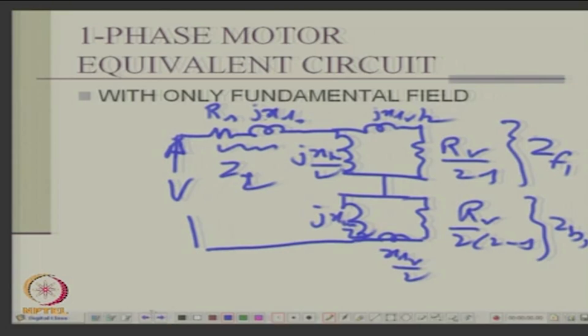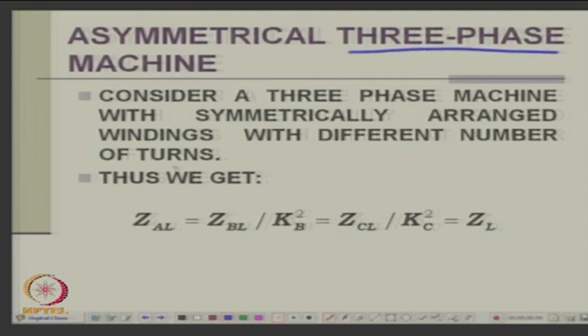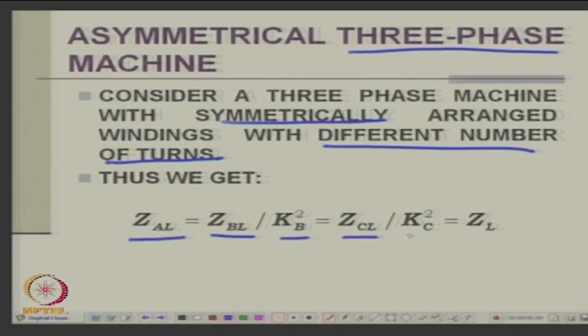Okay. Now, we know that you have a powerful tool in your hand using rotating field concepts. If you have a 3-phase machine and it becomes asymmetrical, what I mean by asymmetrical is, supposing interturn faults are there, that means the windings are 120 degrees apart but the turns are different, okay. You can analyze that also without any problem. But then ZJL will be ZBL by KB square, ZCL by KB square, because if the number of turns are different, leakage reactances are proportional to the square of the number of turns.